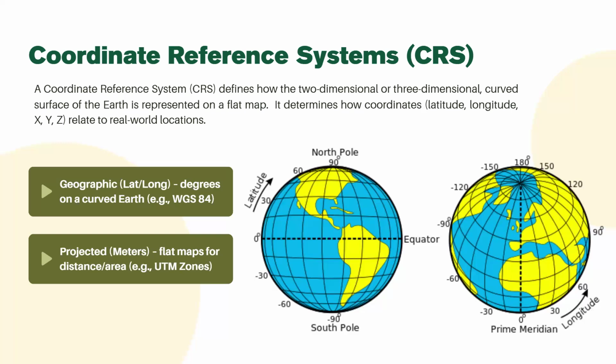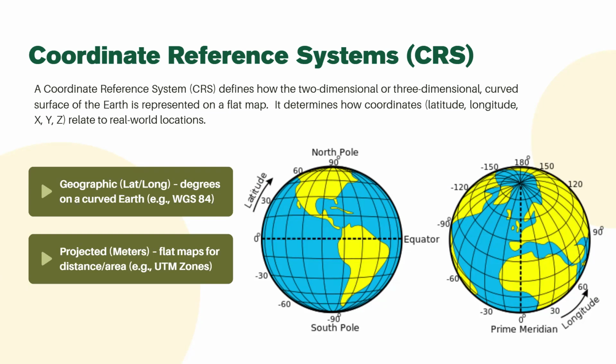Likewise, CRS helps GIS software locate our data accurately on the Earth's surface. Without a proper CRS, even the most accurate shapefile might appear in the wrong part of the world. For example, if I place my Thoothukudi boundary with a wrong CRS, it will show up somewhere in the Indian Ocean. That is what a wrong CRS does.